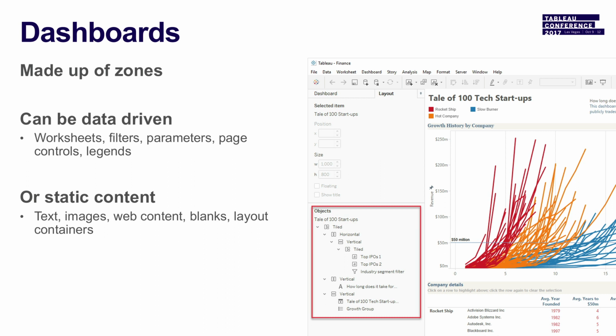I need to know what those are. Page controls, legends, etc. All of these things that are data-driven need ultimately to get data from an underlying data source, whether they actually reach through and run a query or whether they're fulfilled from the cache. That kind of depends. But you have data-driven ones and static content, non-data driven. Not necessarily static if you think about a web content piece, for example.